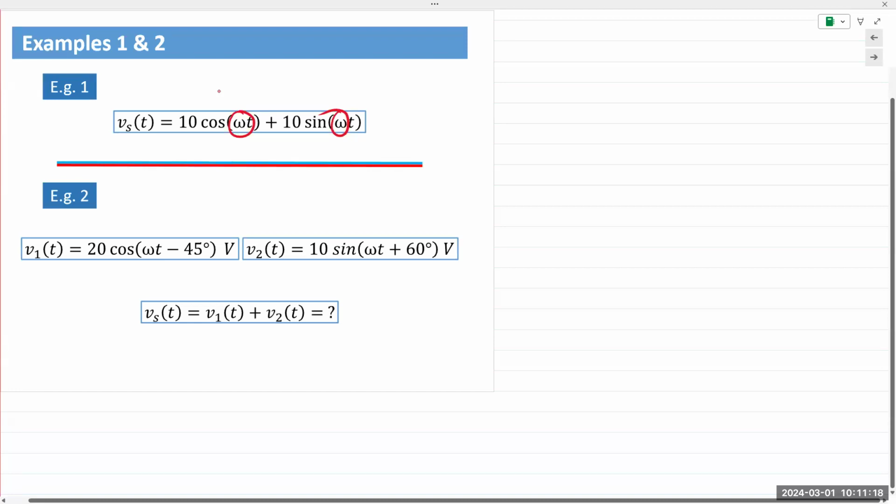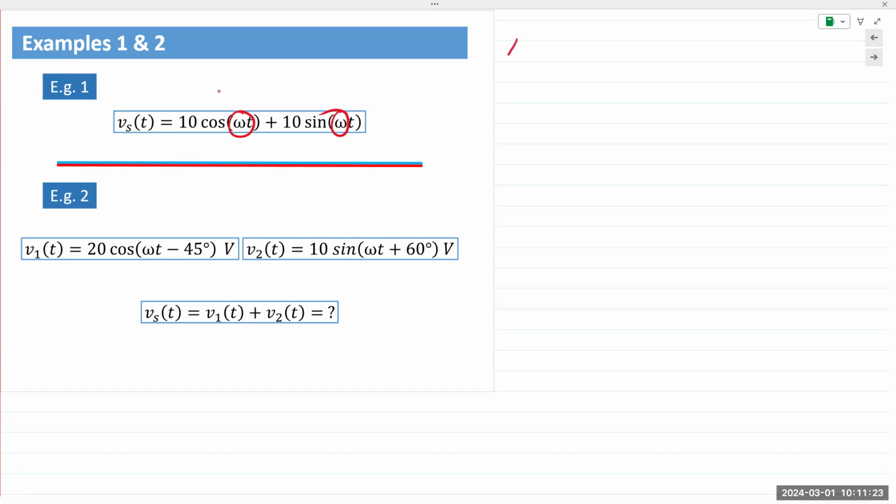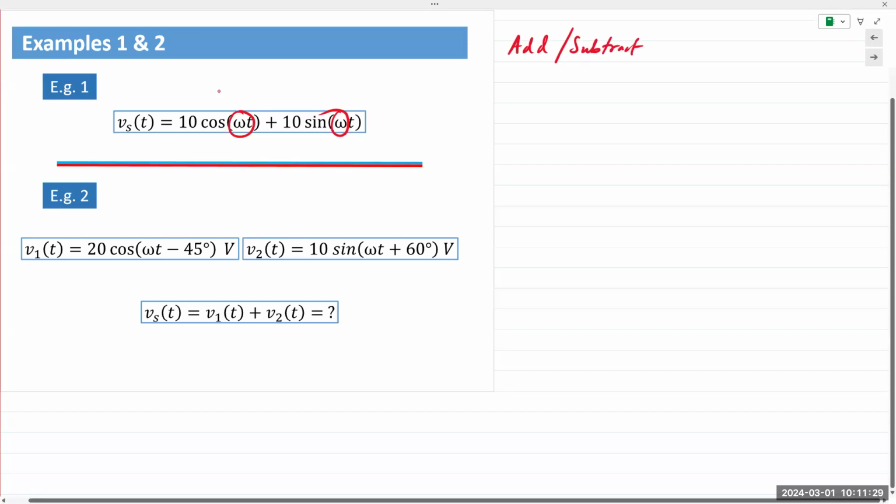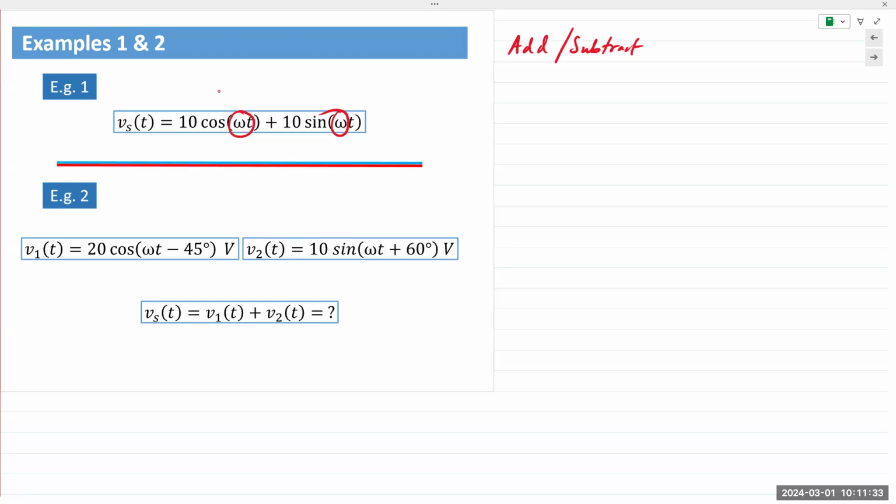But the important point to remember is that to add or subtract sinusoidal waveforms, the frequencies must be the same. If they are not the same, you cannot perform any operation on those waveforms.